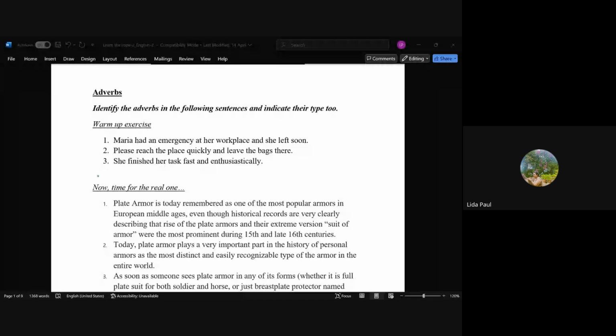Now please reach the place quickly and leave the bags there. Quickly, yes, quickly is an adverb of manner. How about there? Leave the bags there. Is that an adverb? Look at the sentence carefully and tell me.